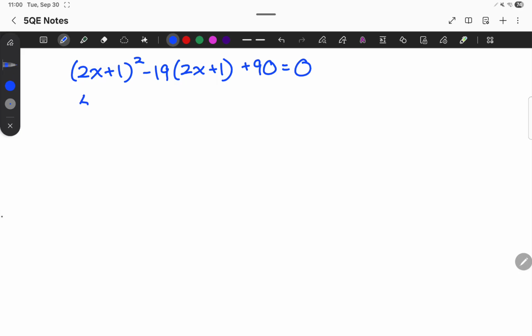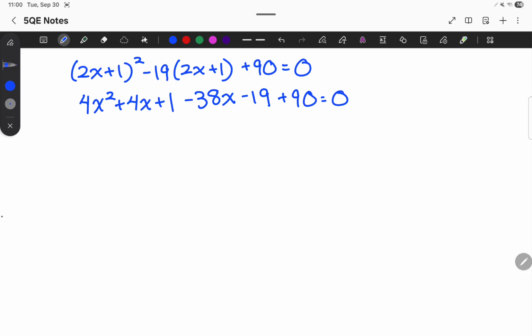Our first bracket gives us 4x squared plus 4x plus 1 minus 38x and minus 19. If we do the minus 19 times our binomial, and then plus 90 equals 0.